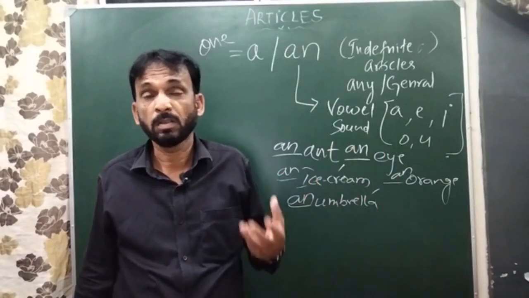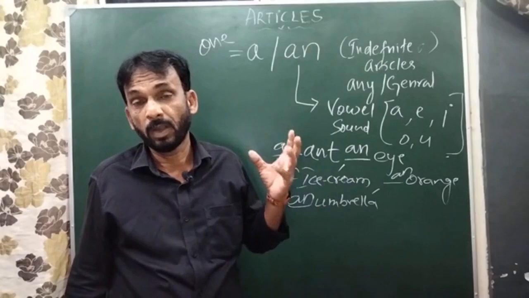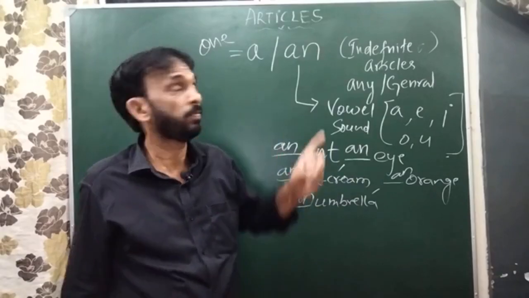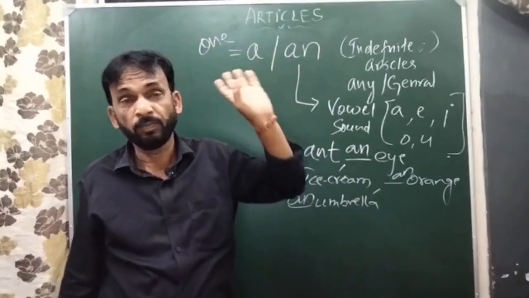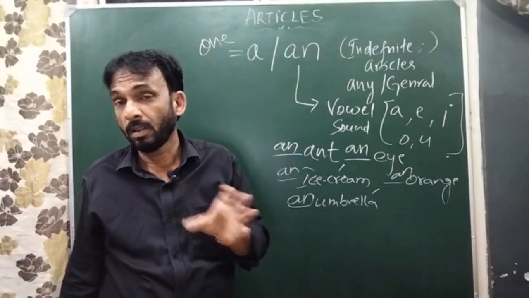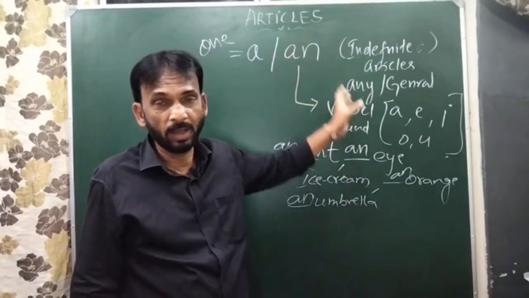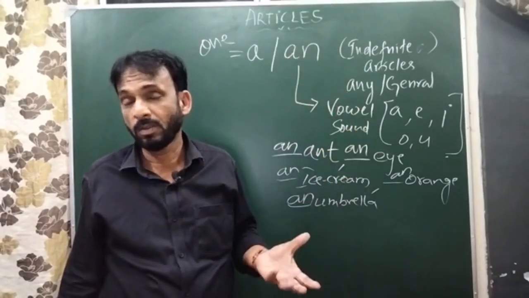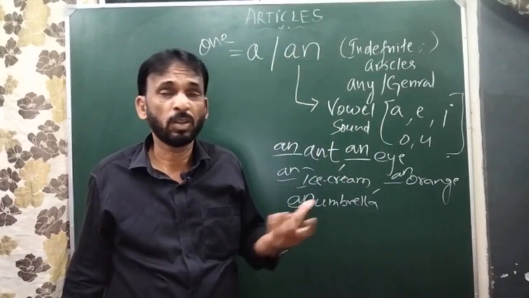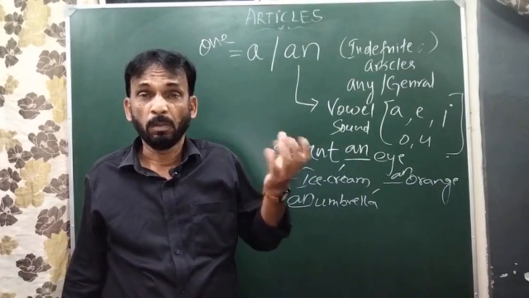Why do we use articles? We use articles to describe nouns. The first rule is it should be used only for singular countable nouns. Another rule: we should not use these indefinite articles a and an with uncountable nouns. Uncountable nouns are those which are not countable with numbers 1, 2, 3.